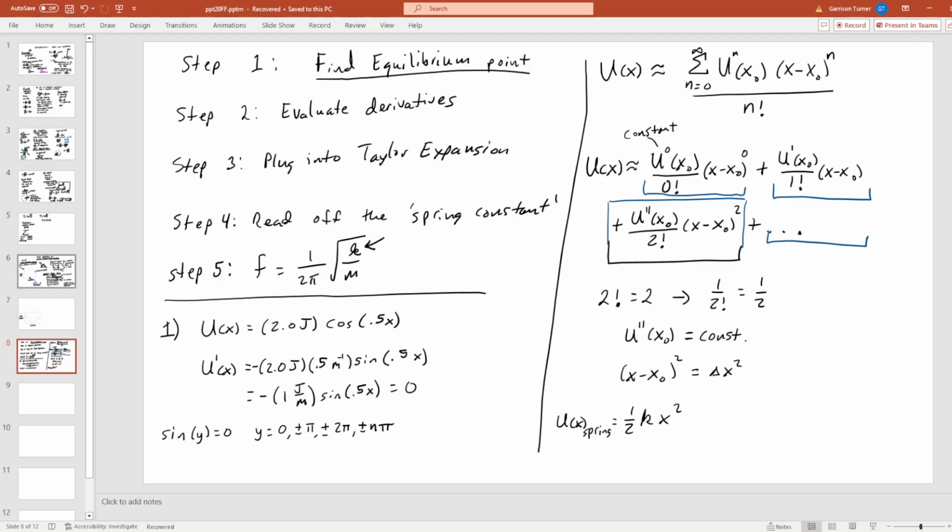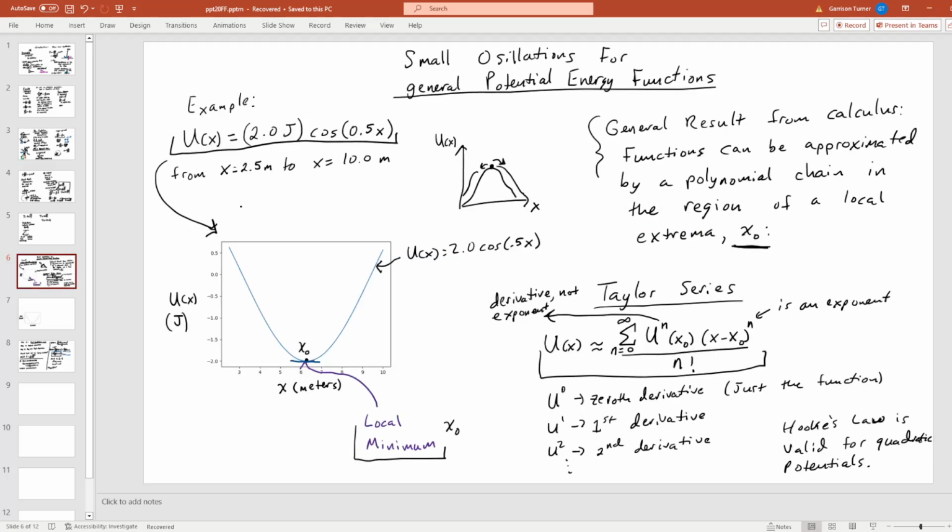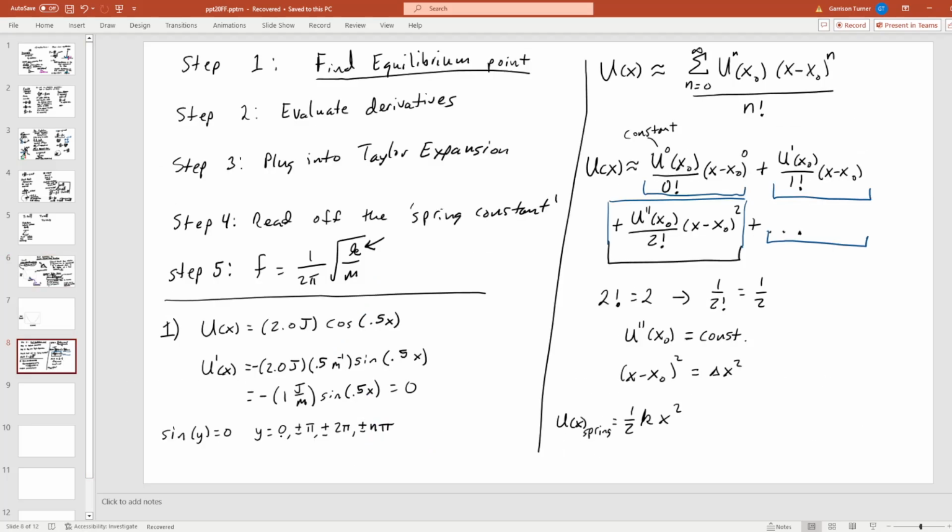And if we go back and look at our range, when x equals 2.5 and x equals 10, 0 is outside that range, right? So we can't set this equal to 0 and solve for x.